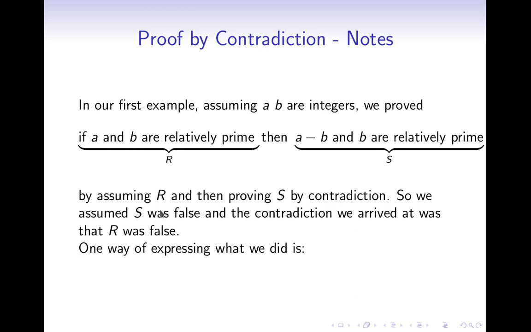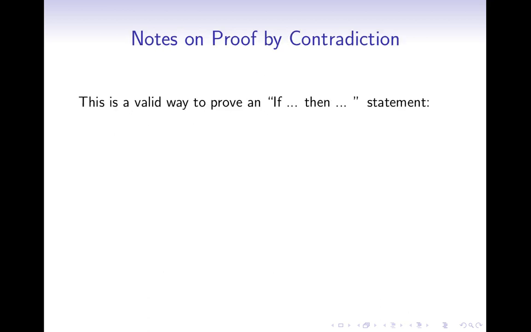Well, assuming S is false and proving R is false is really proving the statement, if S is false, then R is false. And this is a valid way of proving an if-then statement, and it's really just a special case of proof by contradiction. So here's what I mean.